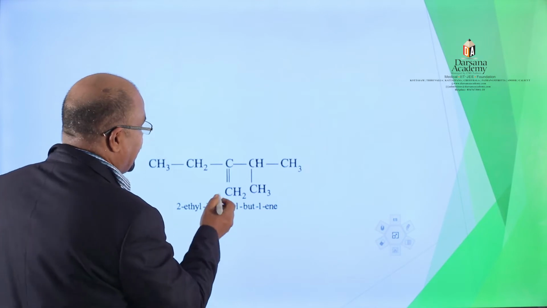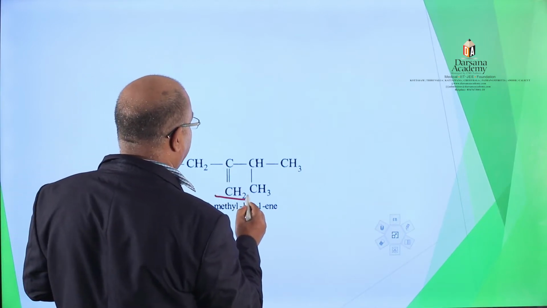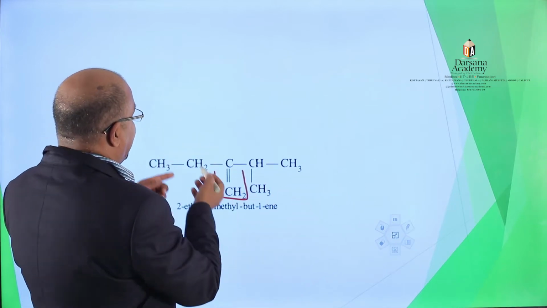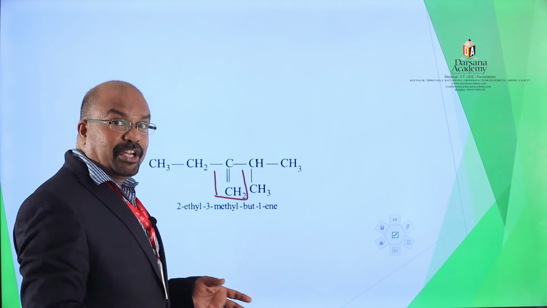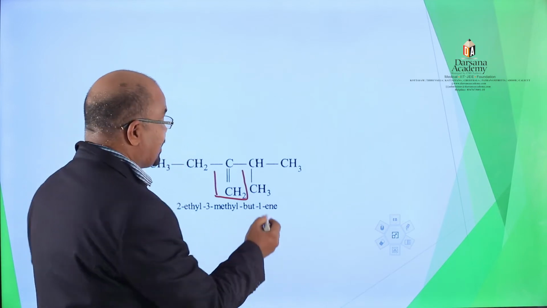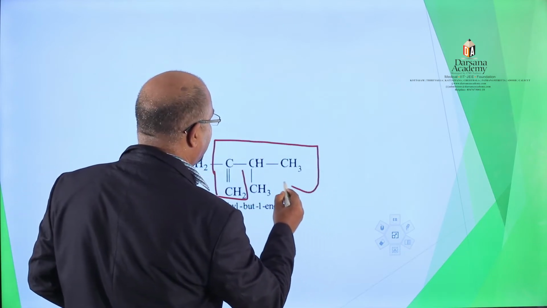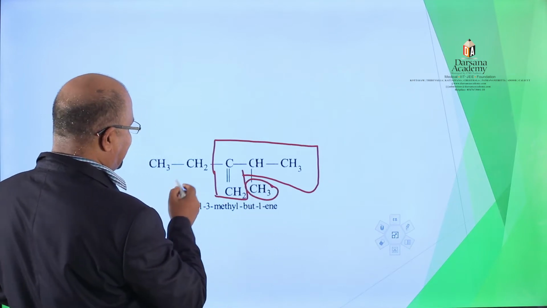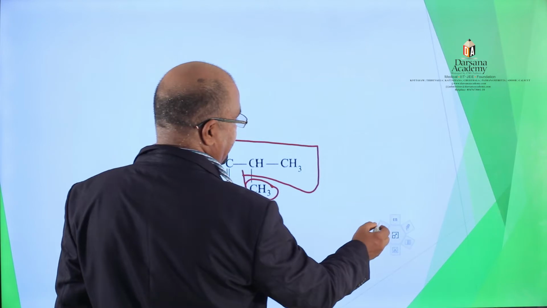But IUPAC says that we should consider the side where the maximum number of branches comes, so that this becomes our parent. So methyl is a prefix and ethyl is also a prefix. Okay, clear?